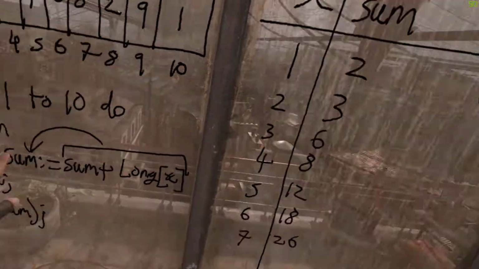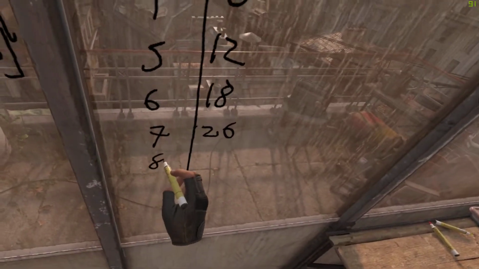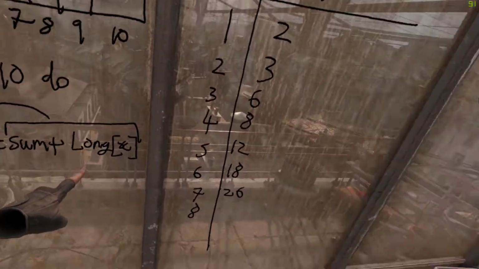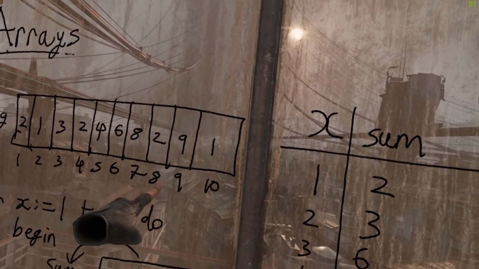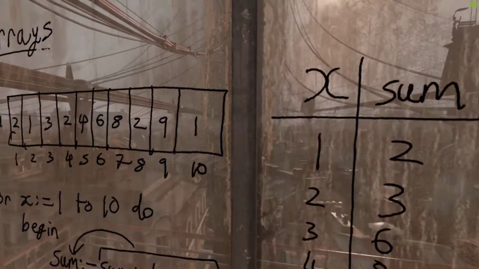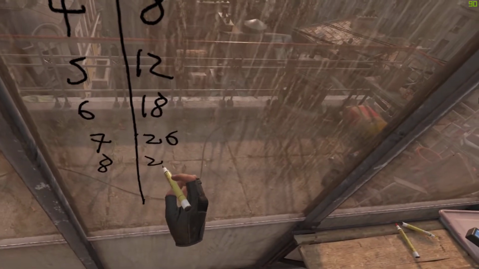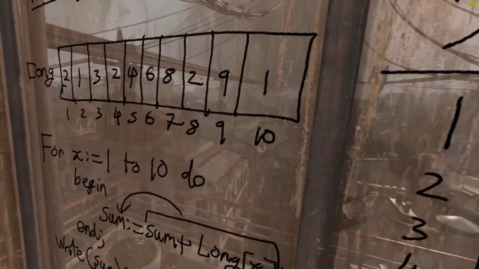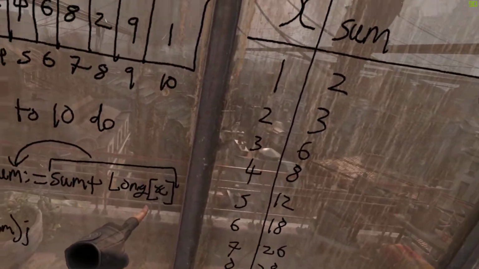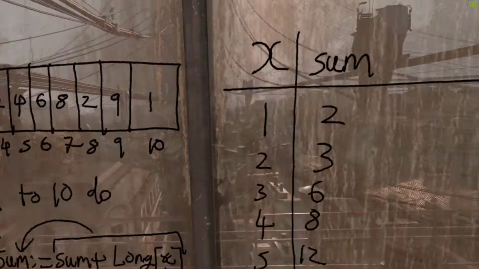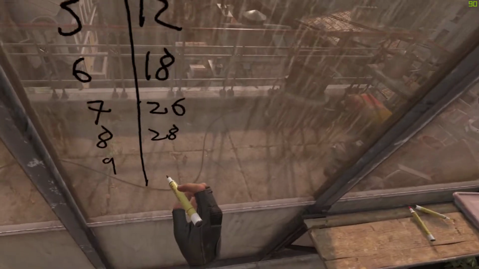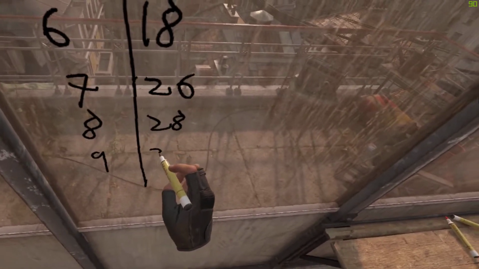All right, go back up. X becomes 8. Sum becomes sum plus long[8]. So that's 26 plus location 8, which is 2, 28. X becomes 9. Sum plus long[9]. So that's 28 plus 9, that'll be 37.